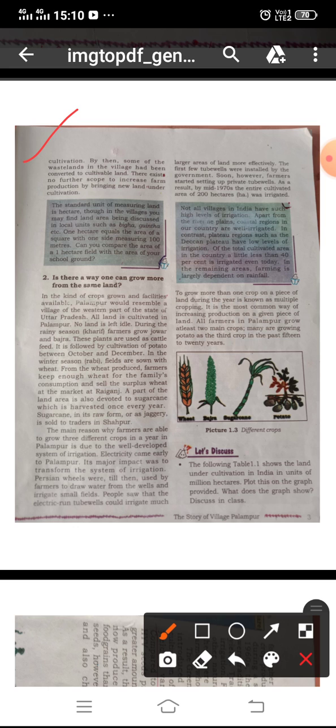Therefore, in one land they started to cut three types of crops. So this type of farming is called multiple cropping. To grow more than one crop on a piece of land during the year is known as multiple cropping.